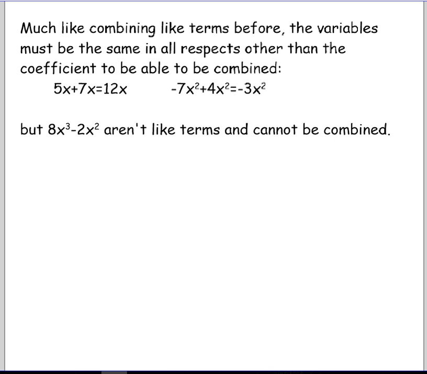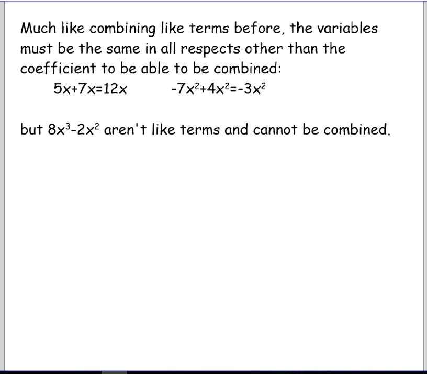Much like combining like terms before, the variables must be the same in all respects other than the coefficient to be able to be combined, which means it has to have the same variable and the same exponents. So for example, we know 5x plus 7x simplifies to 12x. We add the 5 plus 7 together. Similarly, we have negative 7x squared plus 4x squared.